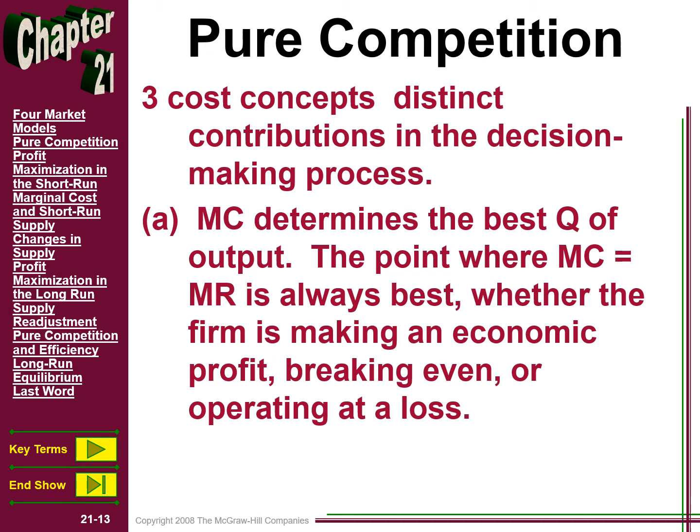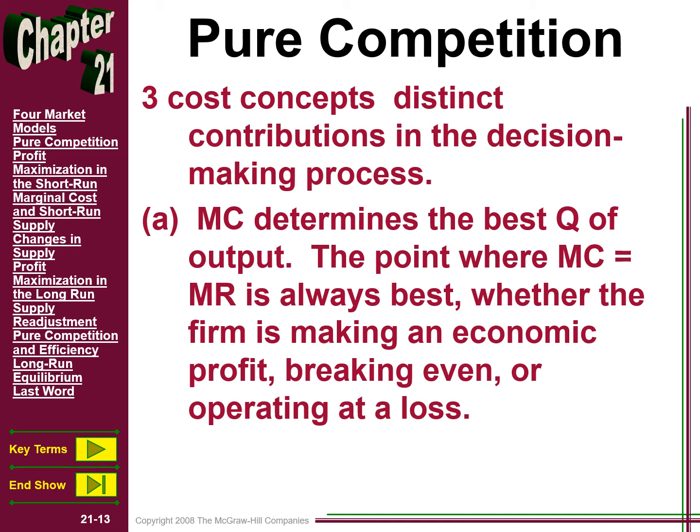Okay, 3 cost concepts, distinct contributions in the decision-making process. So the first one, marginal cost. Marginal cost, the MR equals MC rule. So think of it in these terms. Marginal revenue, the additional revenue that the firm receives from selling the next unit of output.